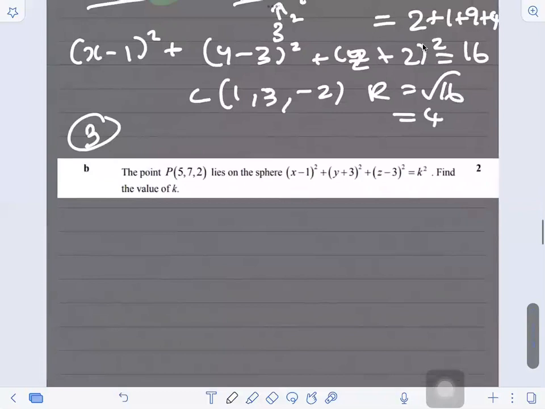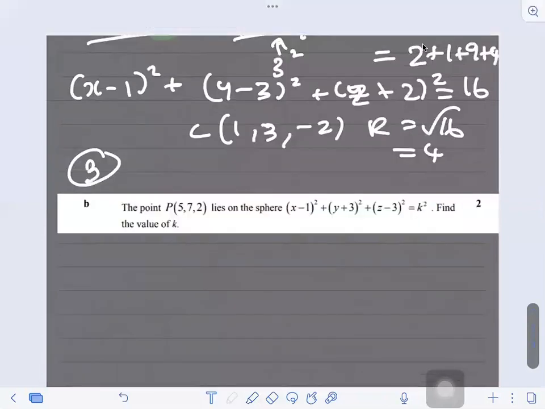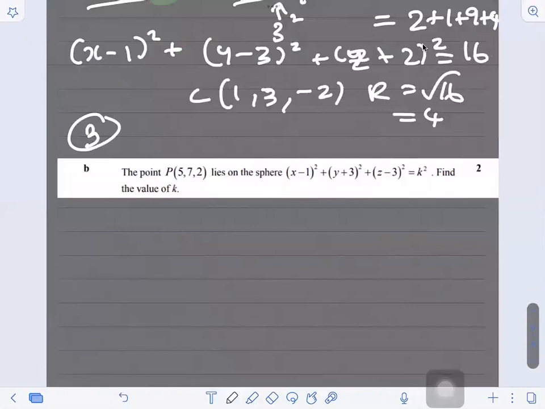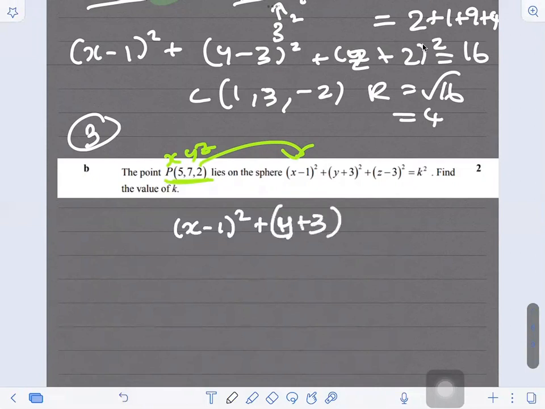Okay, so this one here, that point will lie on the sphere. So when anything lies on it, if that point lies on it, that means when you sub in the x, y, and z values, it will be true. So in place of the x, we're going to put 5. In place of the y, we're going to put 7.